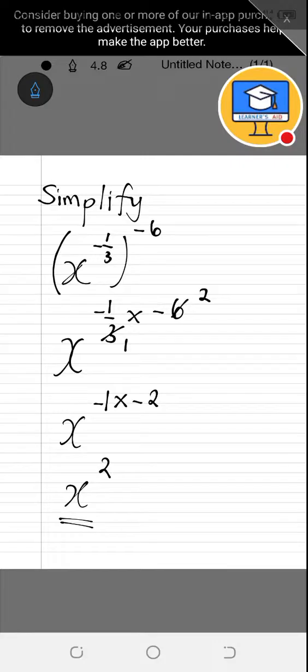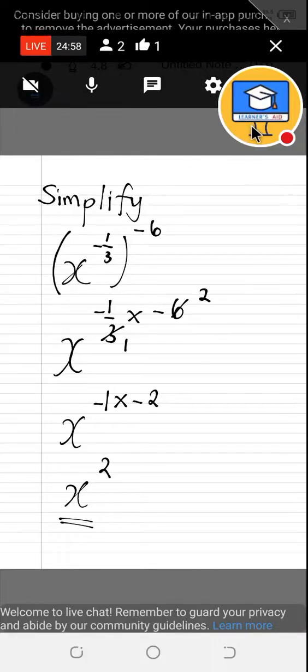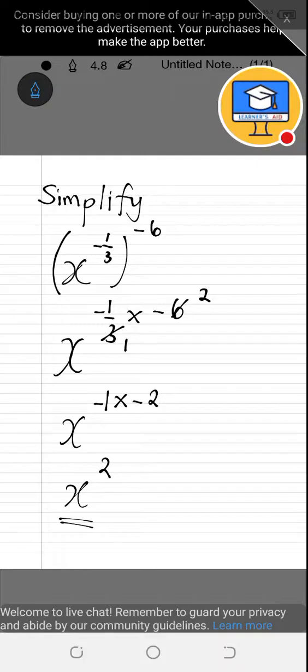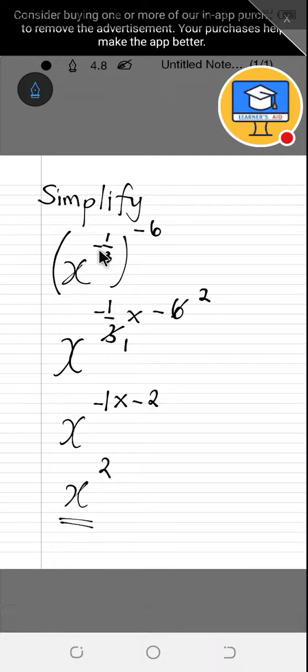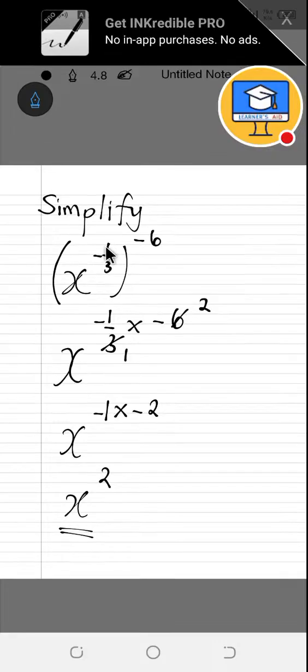What is that so fast? Thinking. Thinking. Don't you worry.